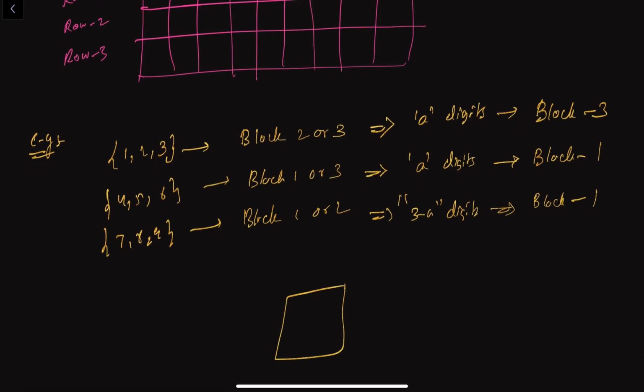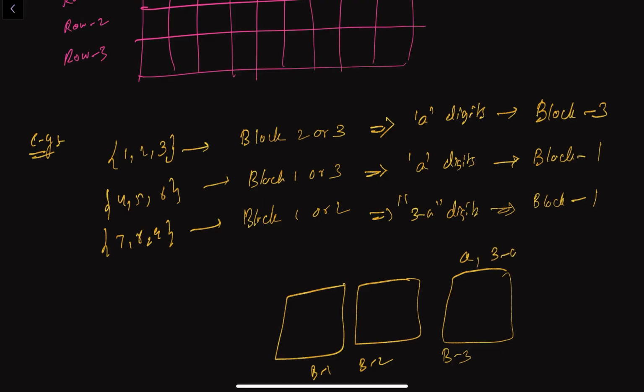We can understand why we consider only A and 3 minus A. Suppose this is block 1, block 2, block 3. From 1, 2, 3, suppose A digits are going to block 3. Now 3 minus A digits have to be filled here. In block 1, A digits are going to block 1 and 3 minus A. So the remaining digits, A and 3 minus A, should obviously go into block 2. That is why we consider the same parameter A.